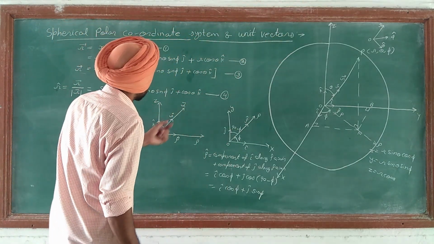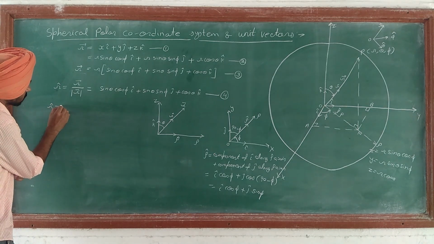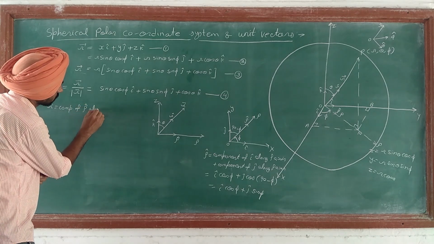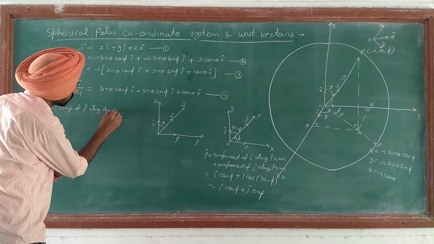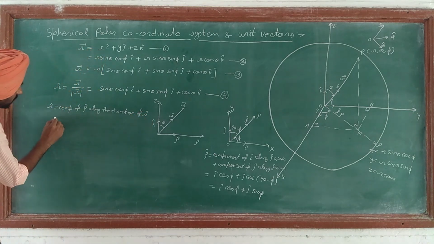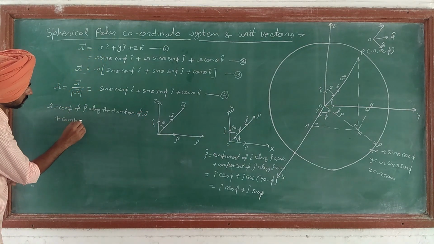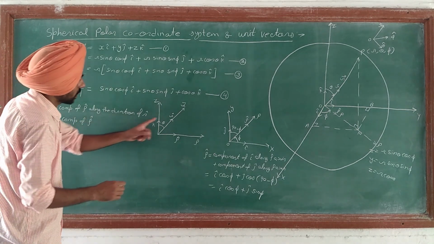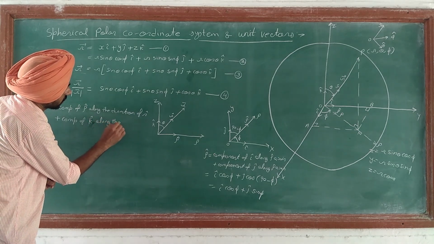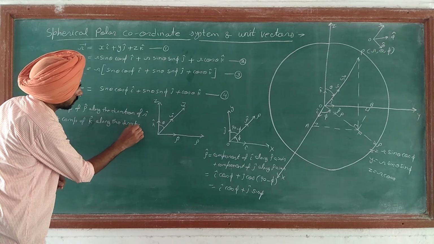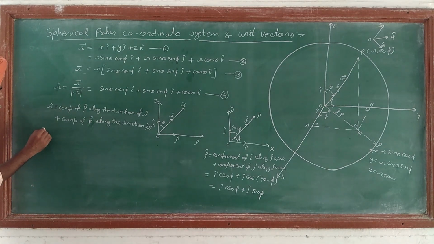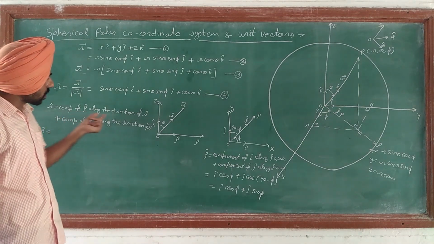So this r cap is the component of rho cap along the direction of r cap plus the component of k cap along the direction of r cap. This is point O. So r cap is the component of rho cap along the r cap.